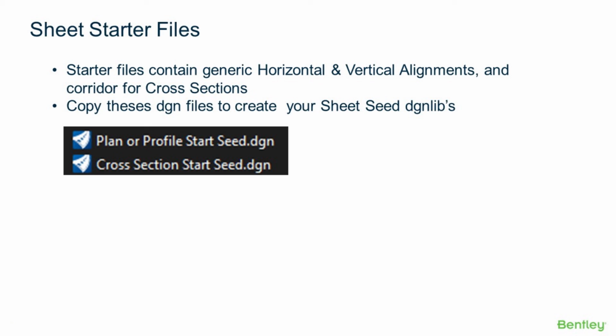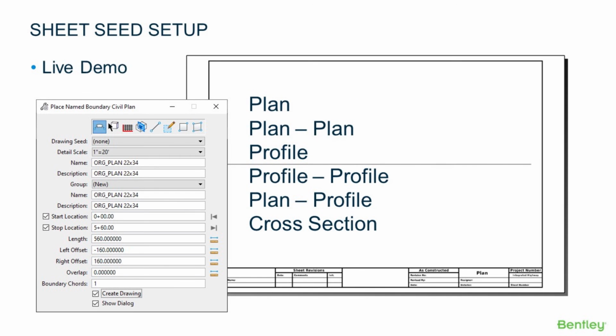But the one I'm going to have is going to have multiple design models set up in it, so I can have multiple different types of sheet. And so I'll show you that. Let's go ahead and get to the live demo. Like I said, these are the ones that I'm trying to get through, probably not doing profile.